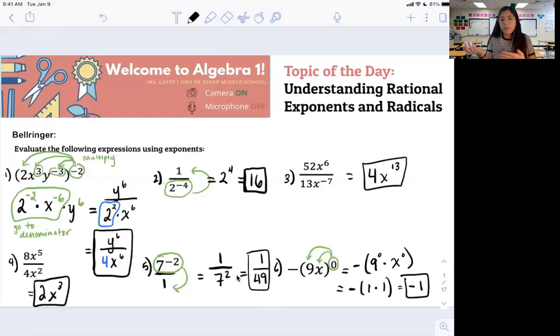So 2 to the power of 4 is 2 times 2 times 2 times 2. That's what it means. But when you have a negative exponent, it messes that up. It's hard to think about how you would multiply something by itself a negative amount of times. So if you ever see a negative exponent, you don't want it to exist. You want to move it to where it belongs so that negative symbol can go away.